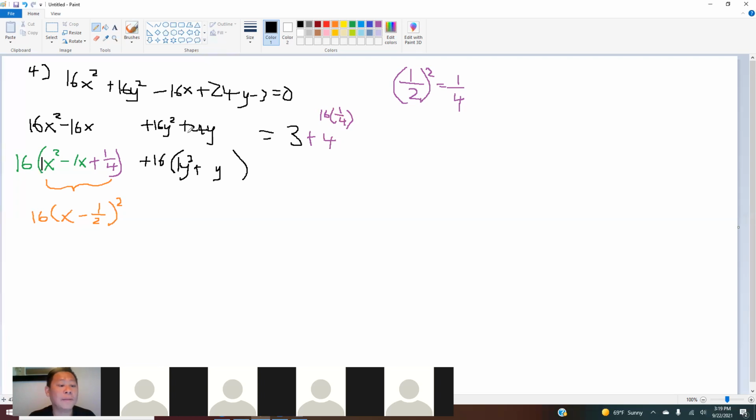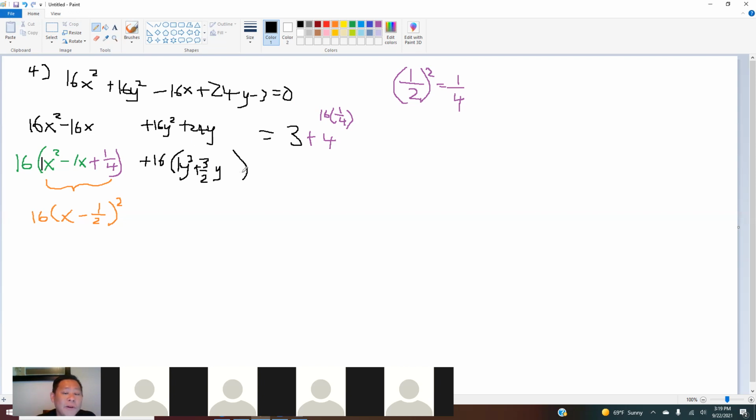You will get 24 over 16, because the 16 and 16 cancel. But can someone reduce 24 over 16? 3/2. This is 3/2.